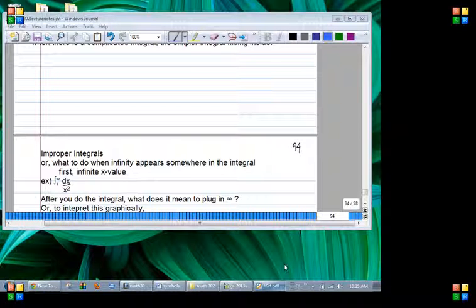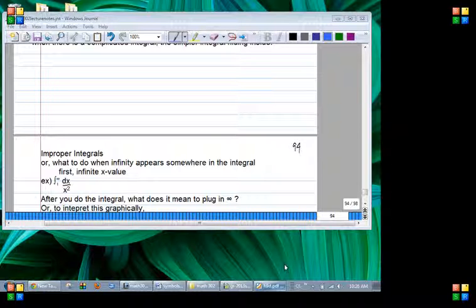You take the antiderivative, you get negative x to the negative 1. Okay, what does it mean to plug in infinity? If you plug in infinity here, it's going to be a 0, because it's constant over infinity.